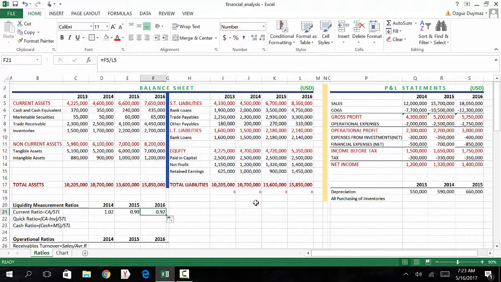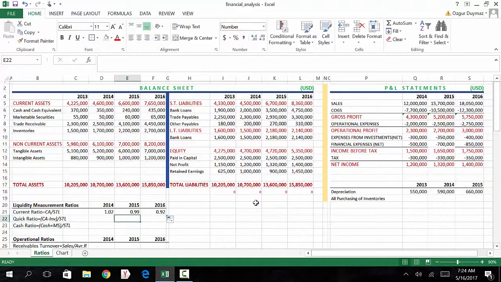It means it's a difficult situation for the company to pay its short-term liabilities. It's recommended that it should be more than 1.5. 2 is a very good range, but it is under the recommended level. I can't say the company is able to pay its short-term liabilities in this situation.